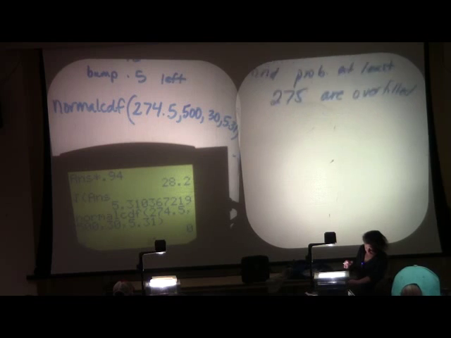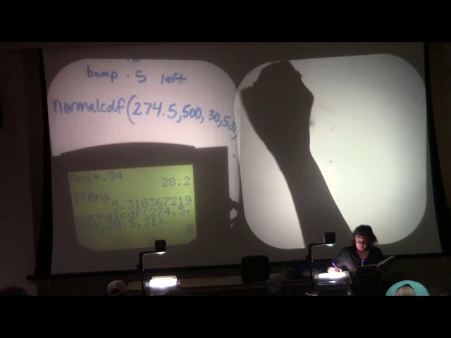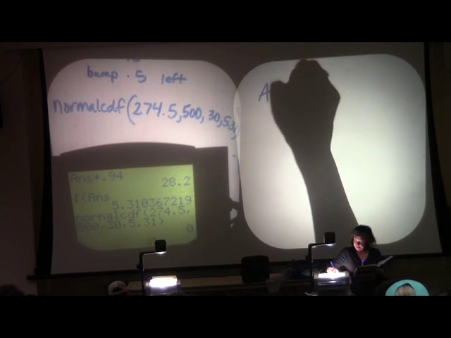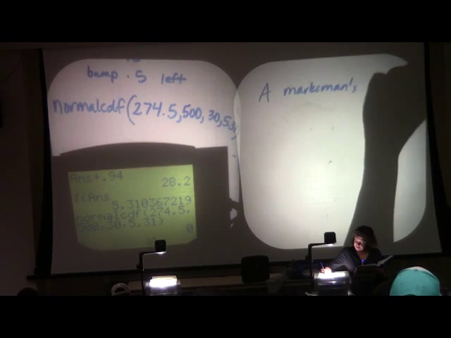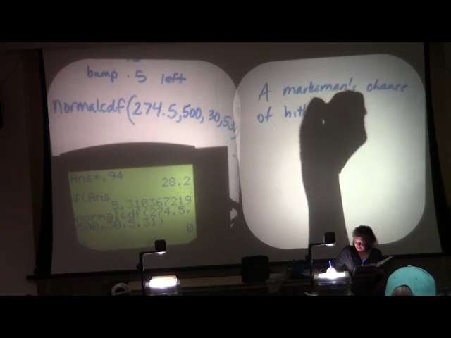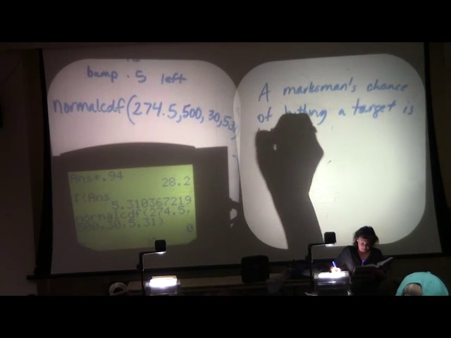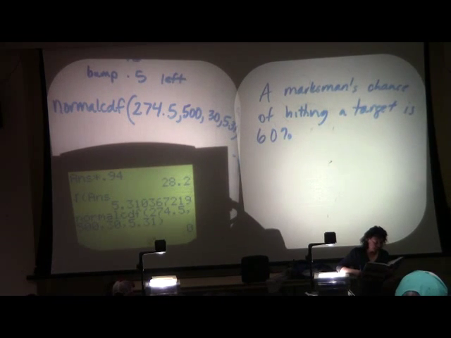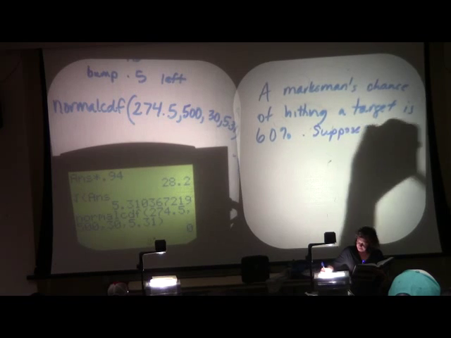Let me take another example, and this one we're going to play with a lot of different scenarios. Suppose a marksman's chance of hitting a target is 60%. And it says assume that the shots are independent of each other. I'm going to change this a little bit.